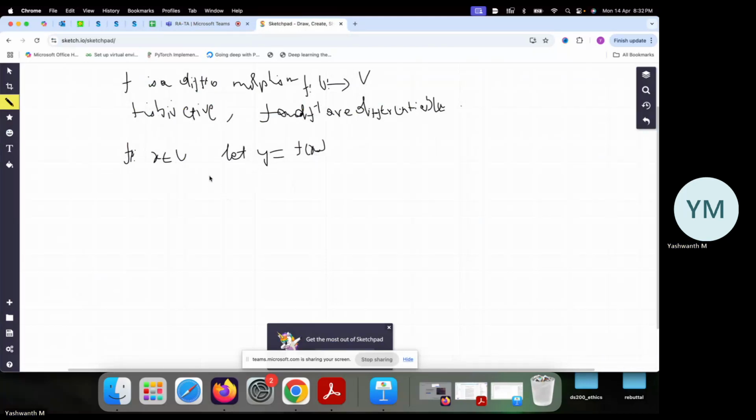Now, the inverse of Y, because of invertibility, F inverse of Y exists, and they should send Y back to X, and when operated on X, it should again get back to Y. And you can differentiate this.